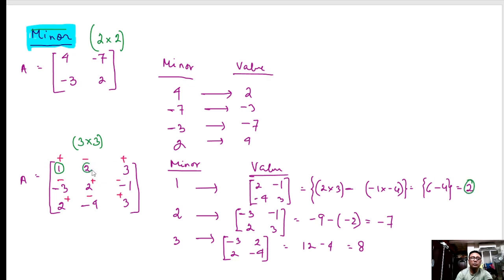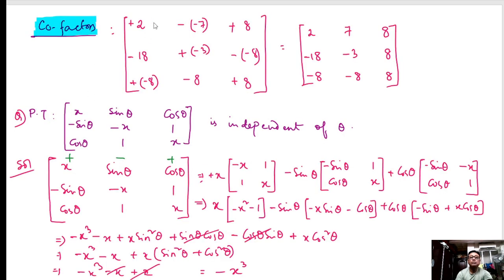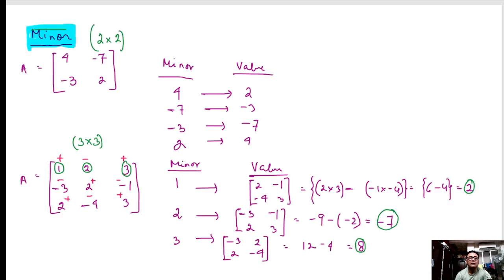For 2 the minor was minus 7. For 3 the minor was 8. So let's see, here we have put 2, minus 7 and now 8.